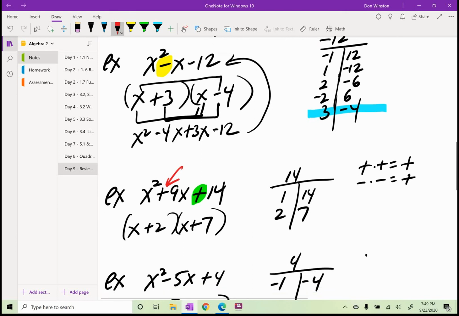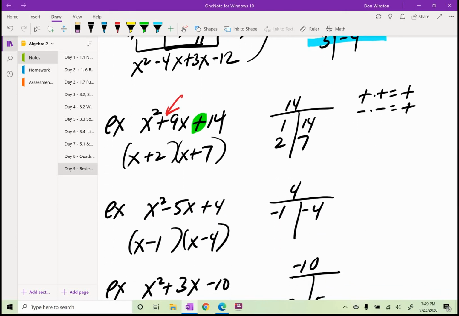So let's do that. The next example here, I have x squared minus 5x plus 4. Again, the only way I can get a positive is a positive times a positive or a negative times a negative. In this case, it's going to be a negative times a negative. And how do I know that? Because the B term is negative.